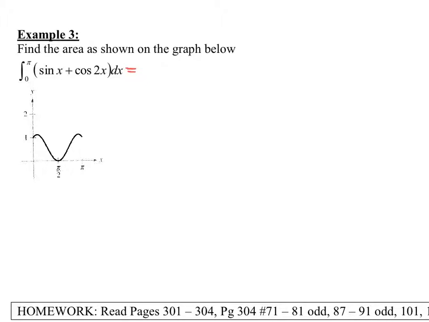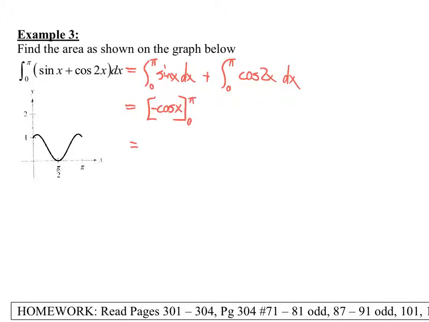Because then we can do the integral from 0 to pi of sine of x dx plus the integral from 0 to pi of cosine of 2x dx. Okay? Now, the first half here, that's a simple one. What's the integral of sine? It's negative cosine. So I'm doing negative cosine of x evaluated from 0 to pi.